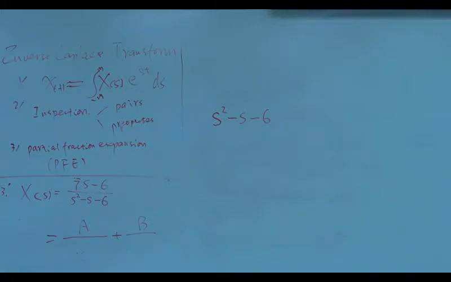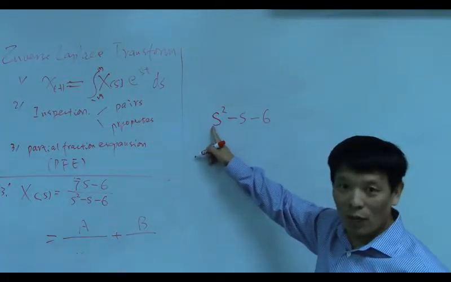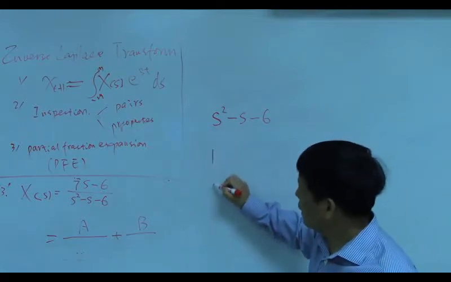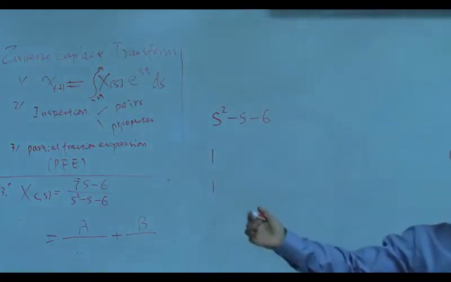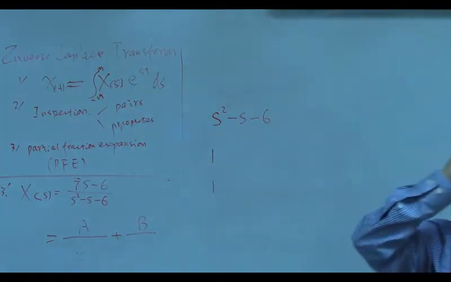How to factorize this? Again, there are a lot of ways to do this, but my favorite is the cross product. The coefficient here is 1 and 1, so no options, only 1 and 1. For negative 6, we have several options.